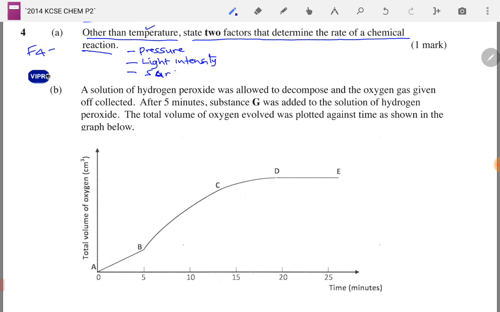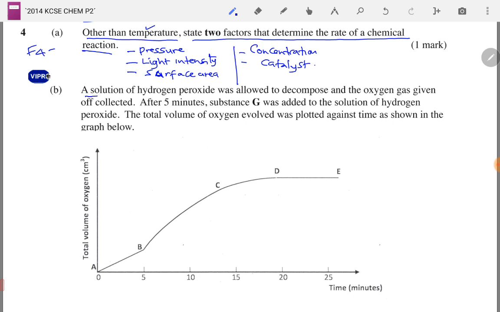I write SA, you notice it is surface area. Concentration, you should not forget. This is a very important factor. There is also presence of a catalyst. Surface area, light intensity, pressure. Those are just but to name a few.